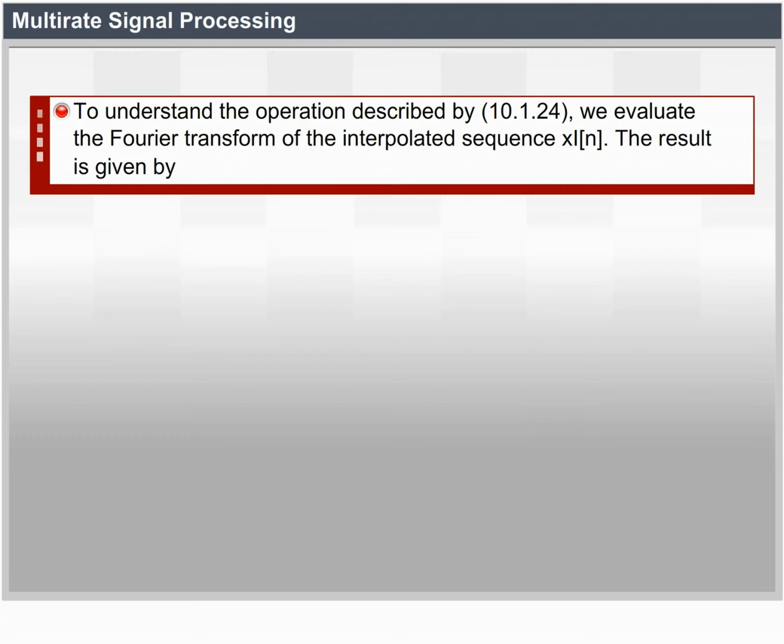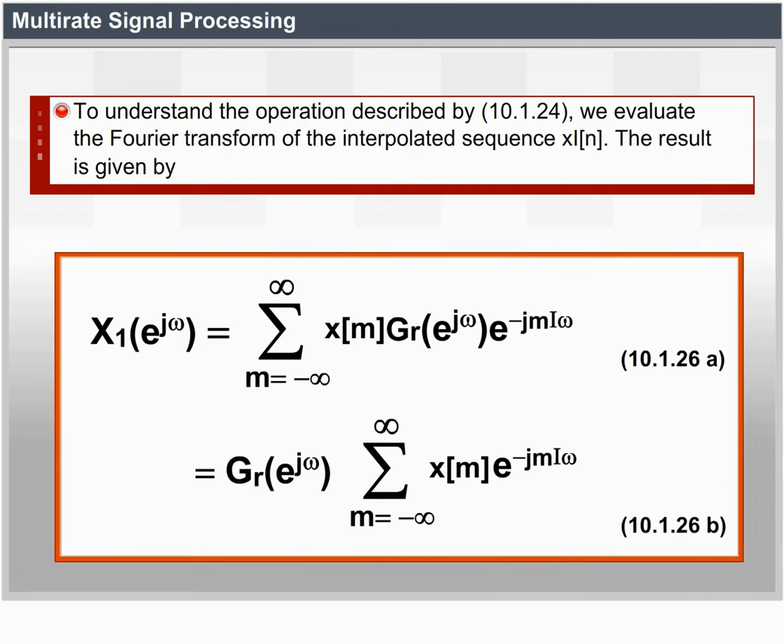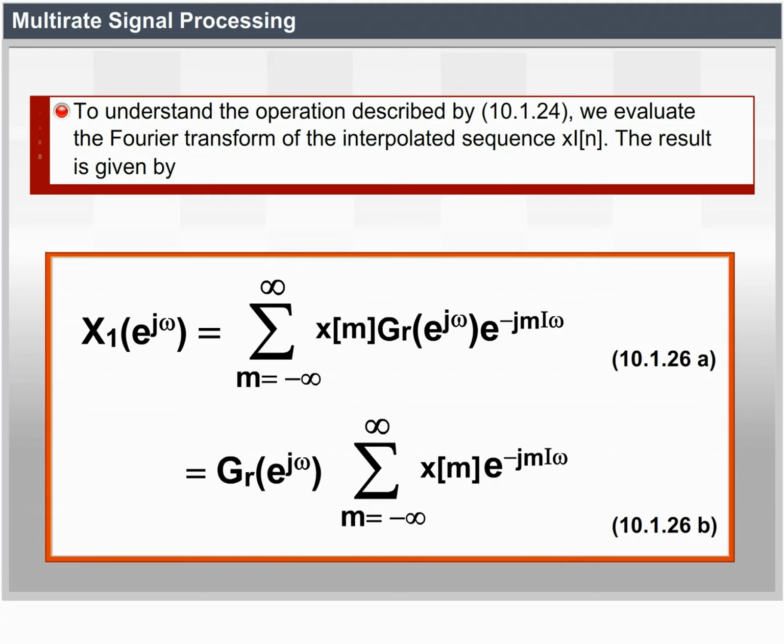The result is given by X_I(e^jω) equal to the summation over m from minus infinity to plus infinity of x(m) G_I(e^jω) e^(minus jmLω), equation 10.1.26a, equal to G_I(e^jω) times the summation over m of x(m) e^(minus jmLω), equation 10.1.26b.